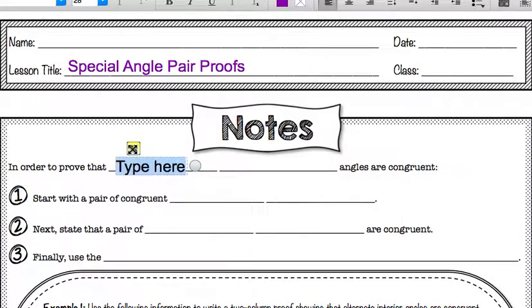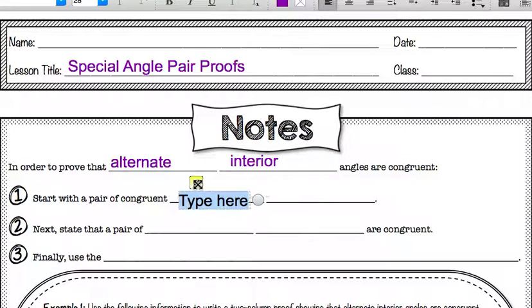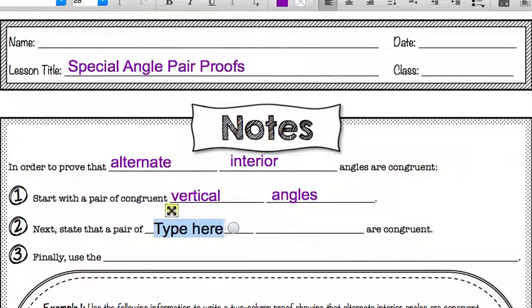In order to prove that alternate interior angles are congruent, go ahead and start with a pair of congruent vertical angles. And then you're going to state that a pair of corresponding angles are congruent.